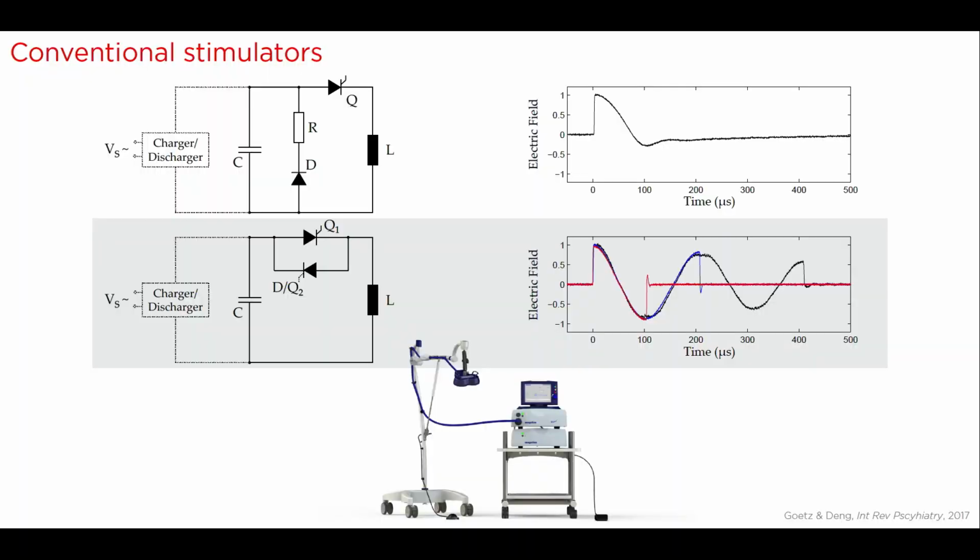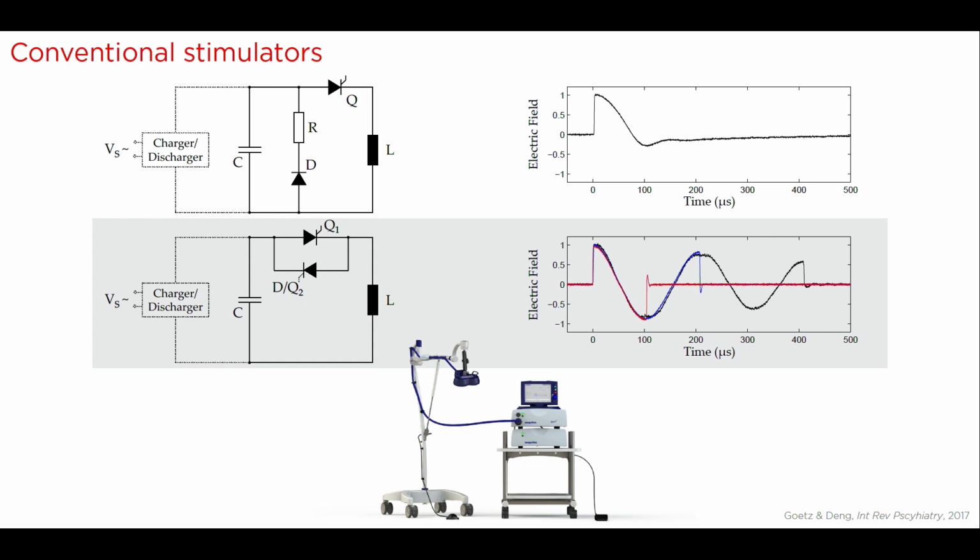Because TMS uses very high power, some of the early designs are relatively simple in terms of circuit topology. The first generation conventional TMS stimulators is basically an RLC circuit, maybe something that you have learned in high school physics.